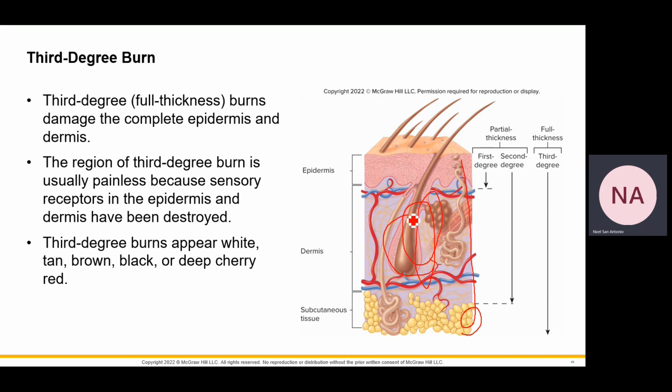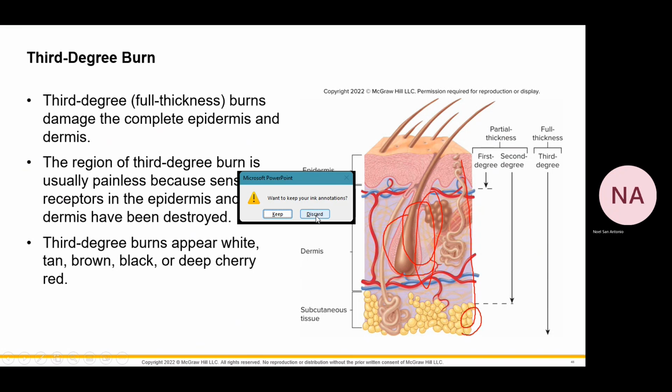And that ends our discussion sa integumentary system. Okay? And wait for the final topic for the prelim. I will also be uploading yung topic natin about the skeletal system. Okay?